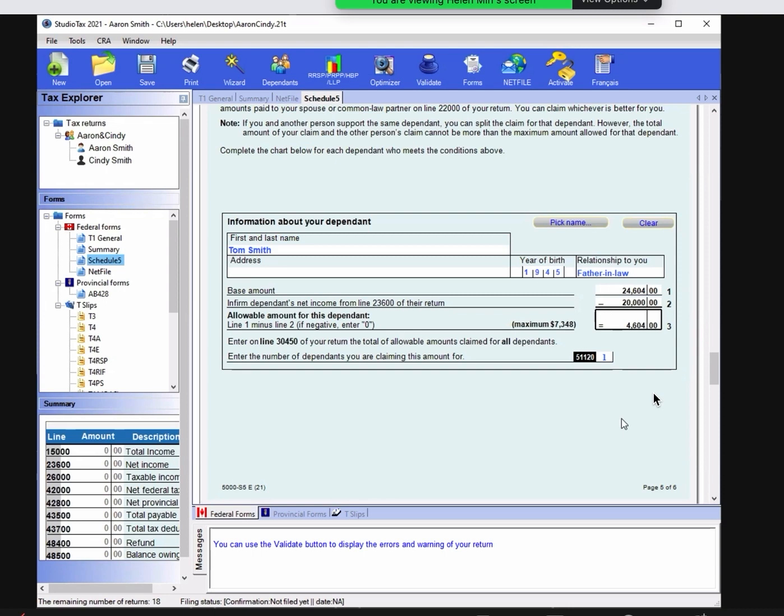It's not that net income is reduced. If you did not pay tax, there is no refund for you.